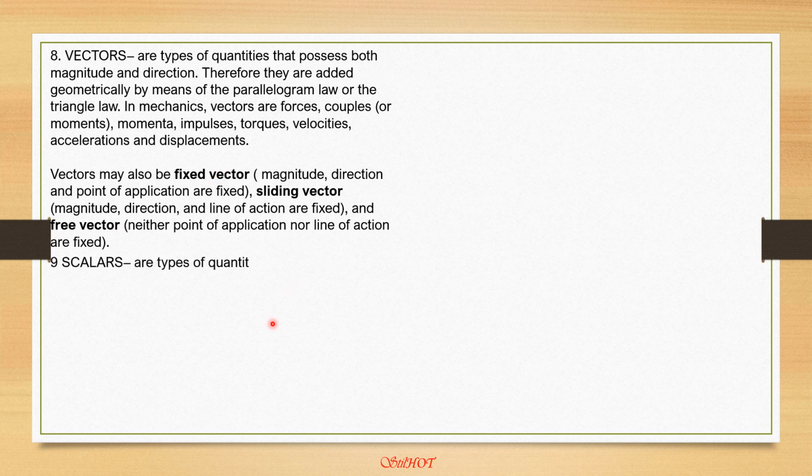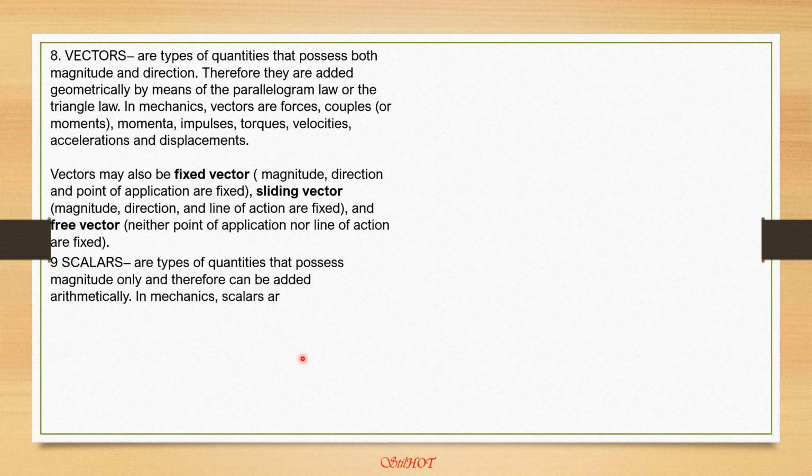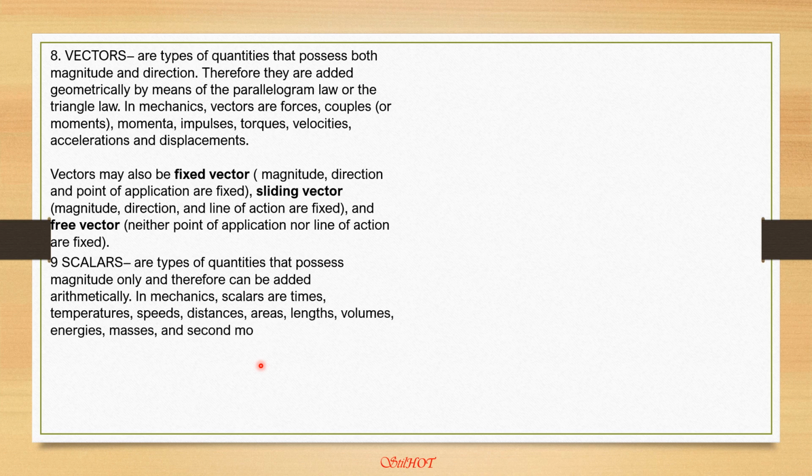Scalars are types of quantities that possess magnitude only, and therefore they can be added arithmetically. Examples of scalars are time, temperature, speed, distance, area, length, volume, energy, mass, and second moment of a mass or the moment of inertia. All of these quantities can be added arithmetically. So they are scalars.